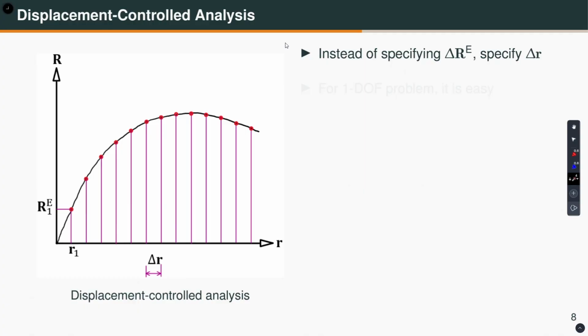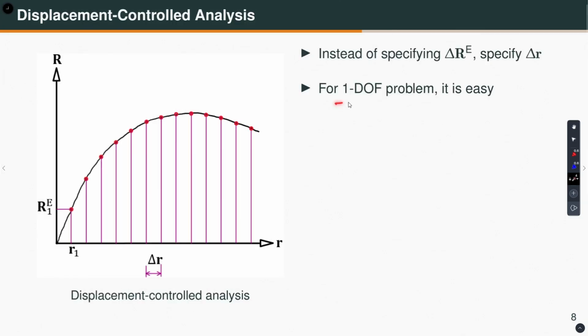Okay. So let's say we are talking about the force versus displacement. Let it be a single degree of freedom system for the time being. And let's say this is the force versus displacement. So what is the idea? Well, I'll be applying small incremental displacement, and I'll be determining the state of the system. So that is the state determination. So that is my external load. Very simple. It is trivial, right?